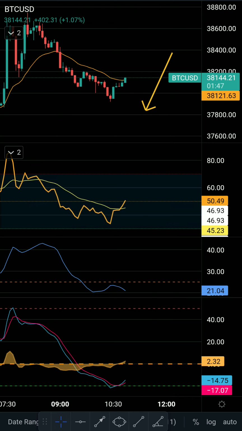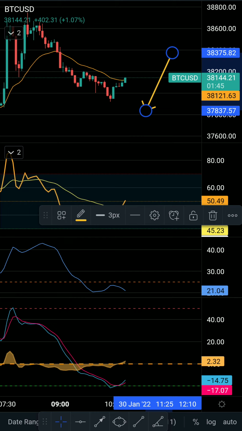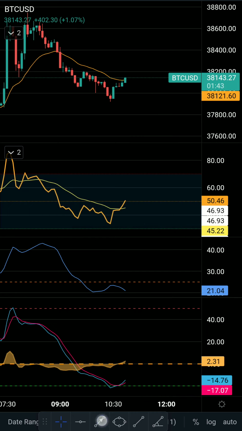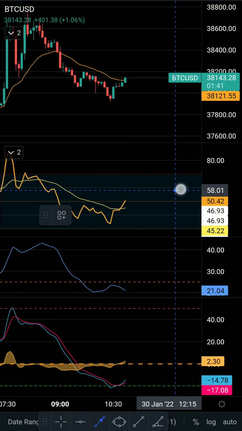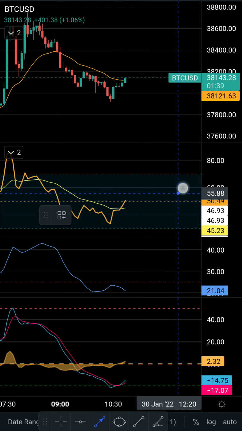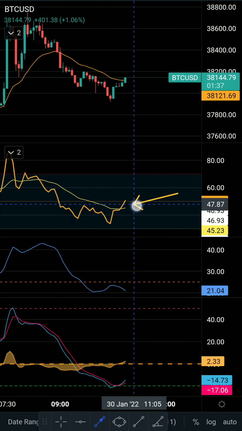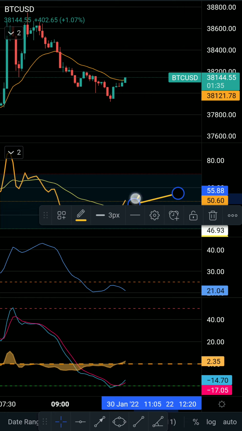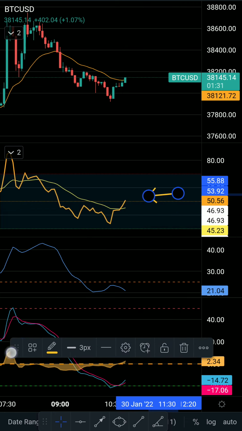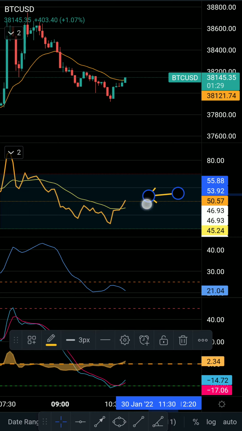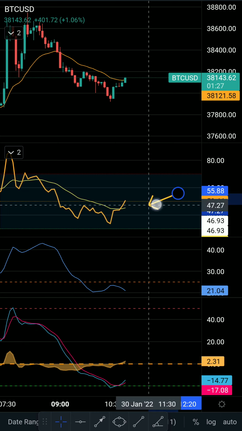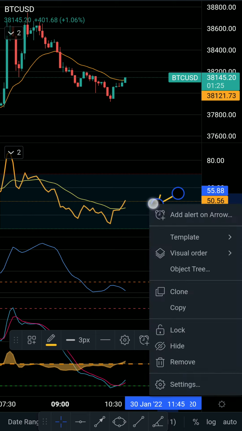Now, we have RSI moving above its 21 EMA. That orange line there is the 50 line.